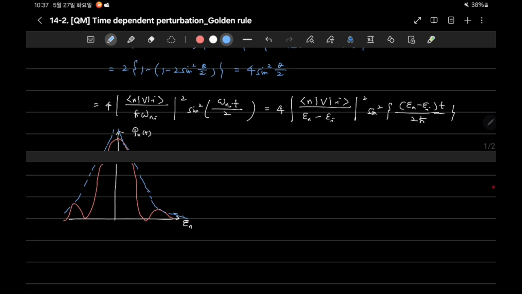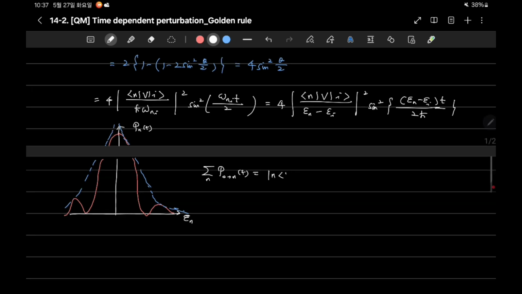Okay. So here, when we think of all of the n states, all the possible states, we should integrate over both sides.